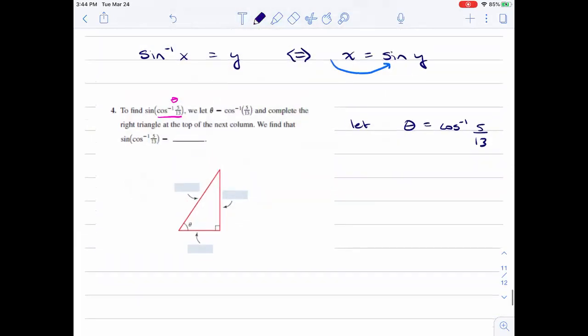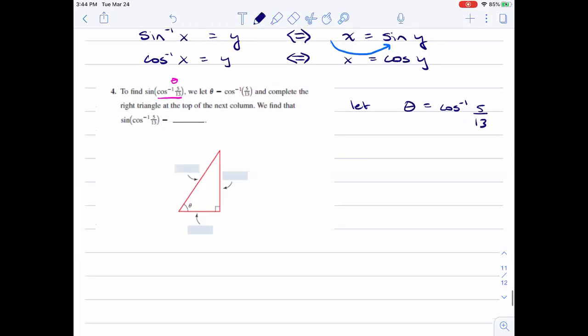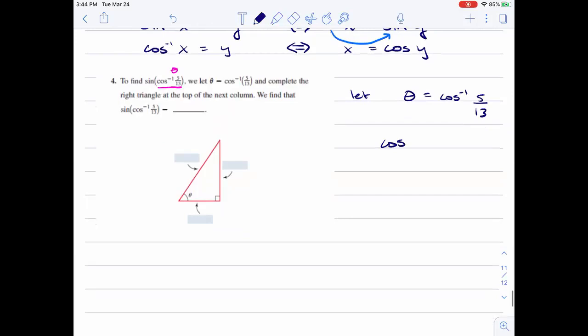Because what we just established, and this all works for cosine as well, is that cos inverse of x is y also means that x is the cosine of y, right? So here I've got the cos inverse, which I can move to the cos of theta. And so now I've got the cos of theta is 5/13.